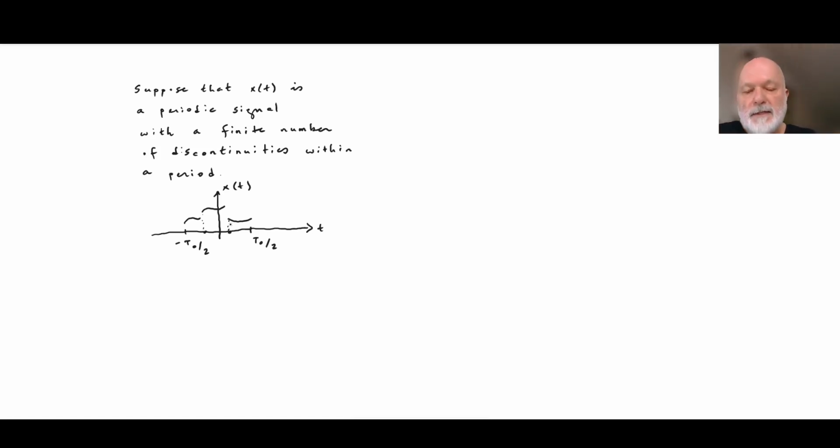But x of t is a periodic signal, and we are able to evaluate the Fourier series. So we ask the following question. The Fourier series will converge to the value of x of t at points where x of t is continuous.